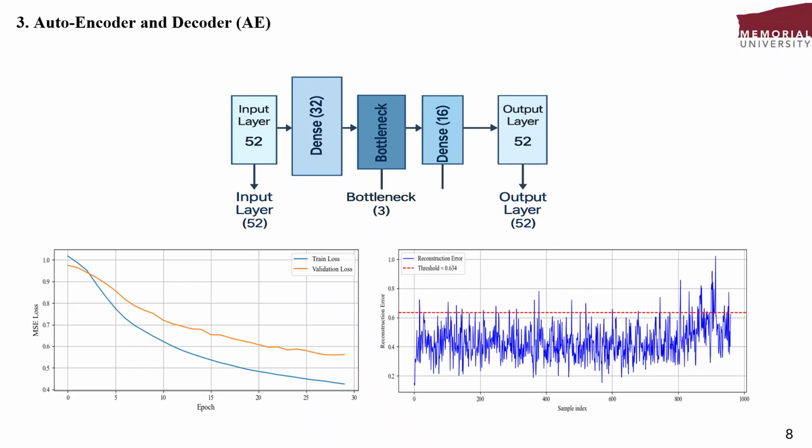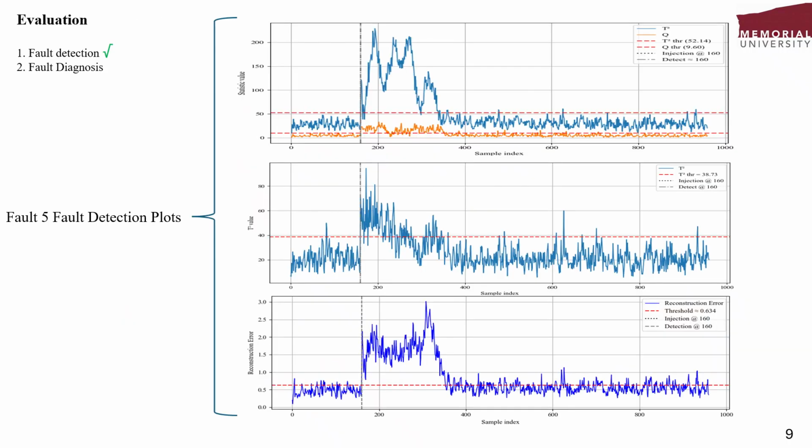Also, for fault diagnosis, we inspect the variable-wise reconstruction errors. The features with the largest error point us to likely fault locations. In summary, the autoencoder offers a flexible nonlinear reduction to three features, robust detection via reconstruction error, and straightforward diagnosis by ranking per variable error.